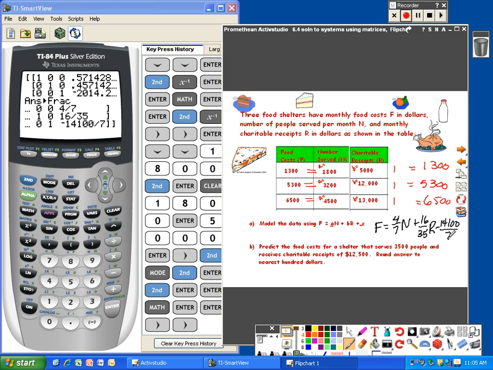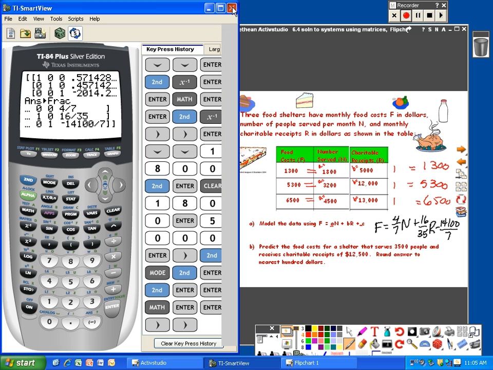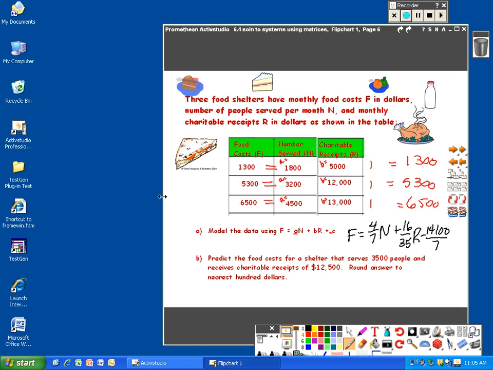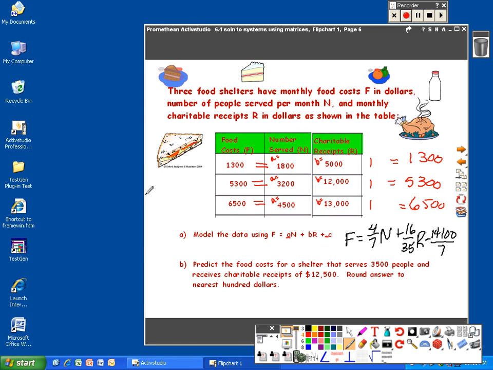Okay. So then with that, we should be able to predict for 3,500 people, that's N. Charitable receipts, that's R, of 12,500. So we would say F equals 4/7 times 3,500 plus 16/35 times 12,500 minus 14,100 divided by 7.